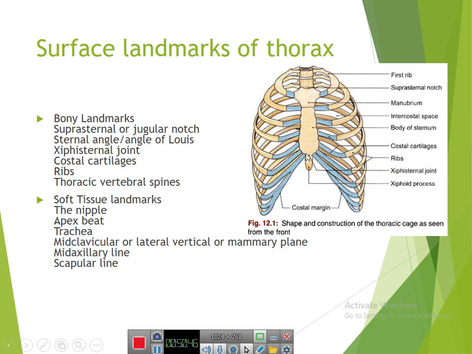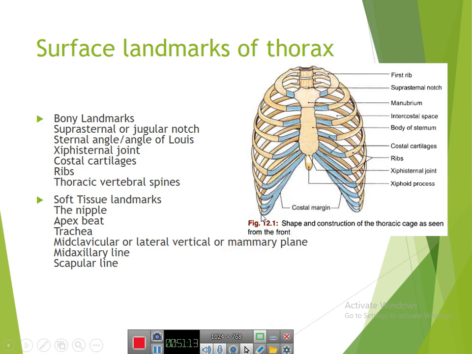The lateral border of the rectus abdominis muscle, one of the abdominal muscles, or the linea semilunaris, joins the costal margin at the tip of the 9th costal cartilage. The 10th costal cartilage forms the lower part of the costal margin.